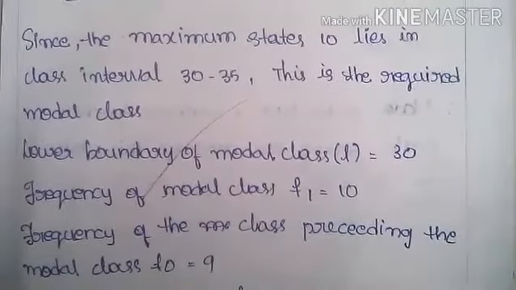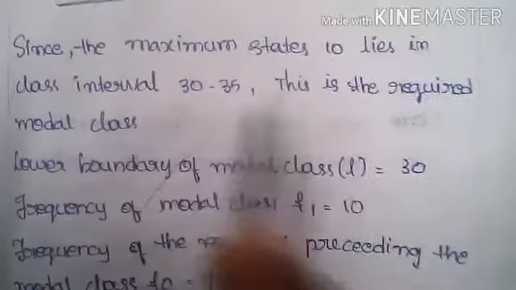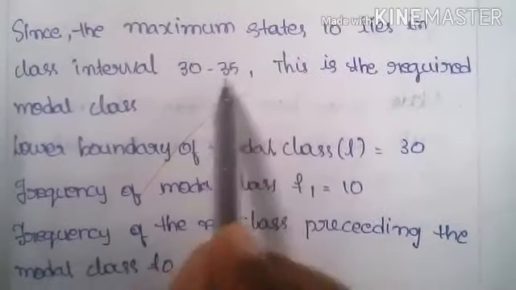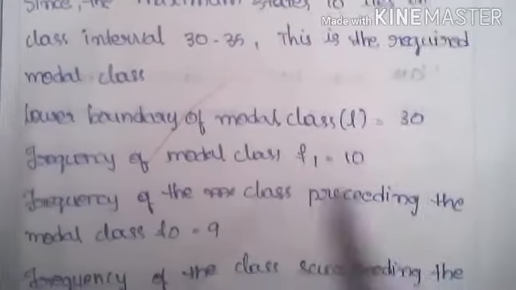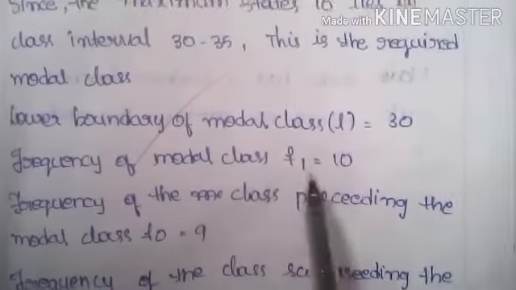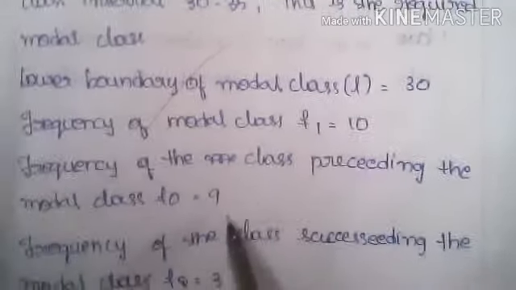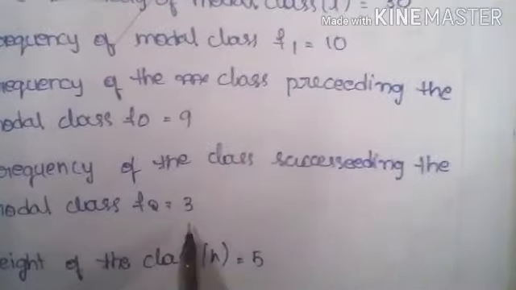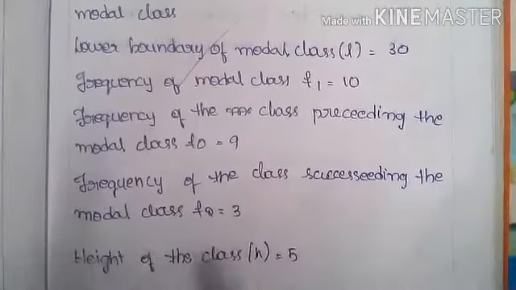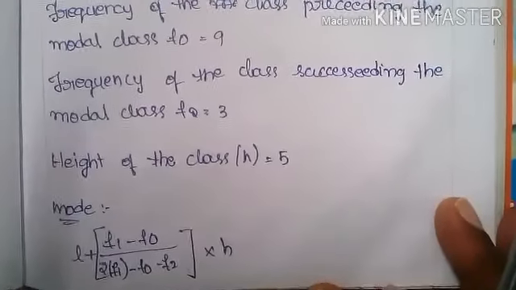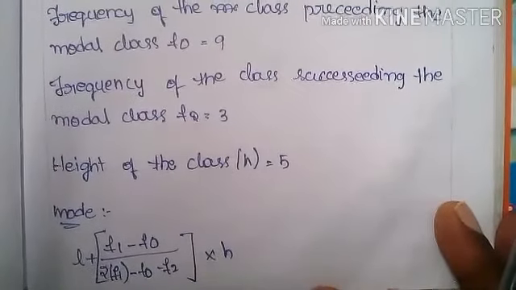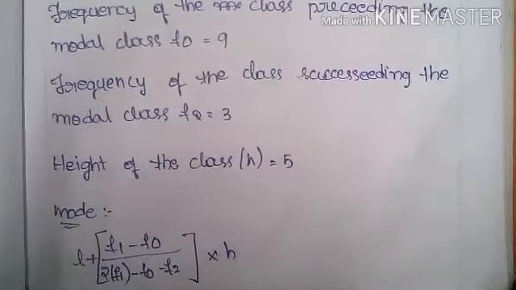Now calculating the mode. So the highest frequency 10 lies between 30 and 35. So L is 30. Sorry, F1 is 10, F0 is equal to 9, and F2 is equal to 3. h is equal to 5. Here is the formula.